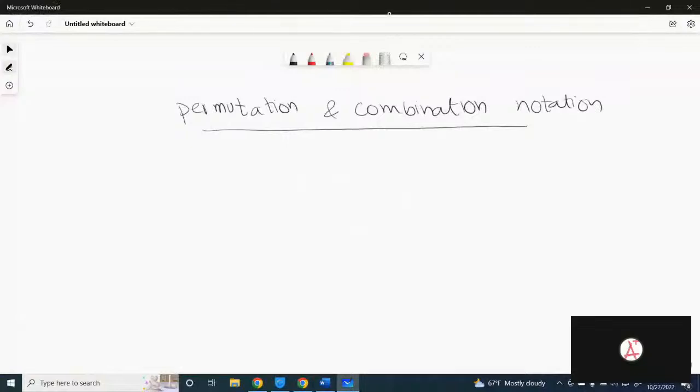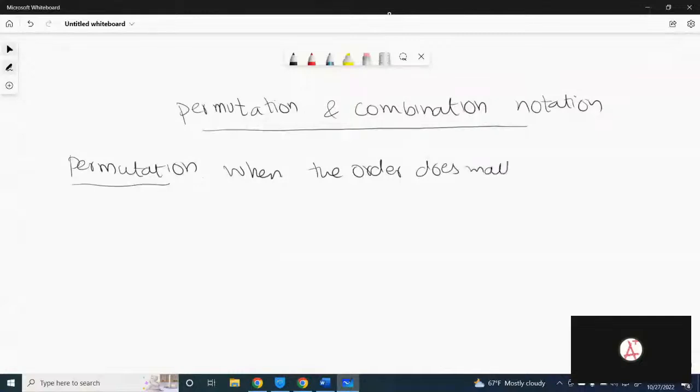Okay, let's start with permutations. When the order does matter, it is a permutation.